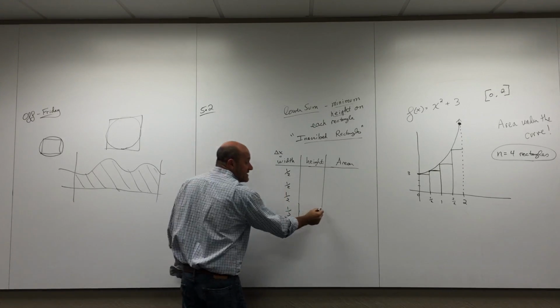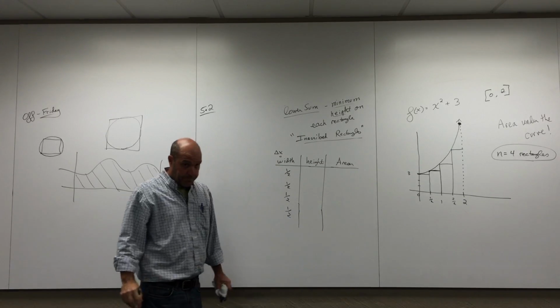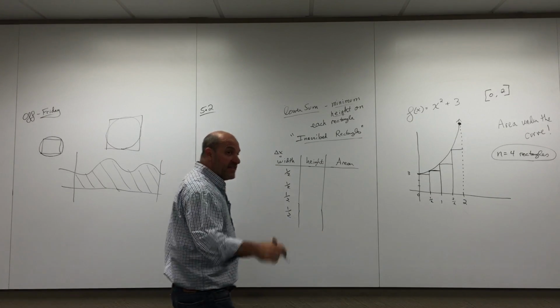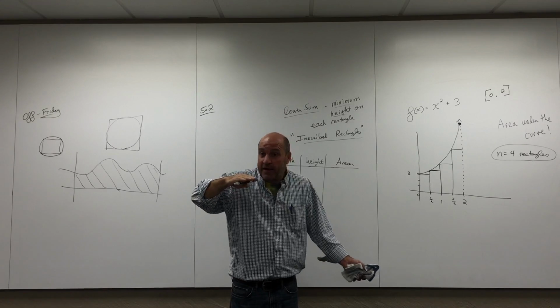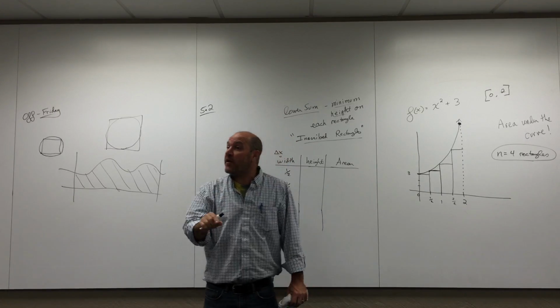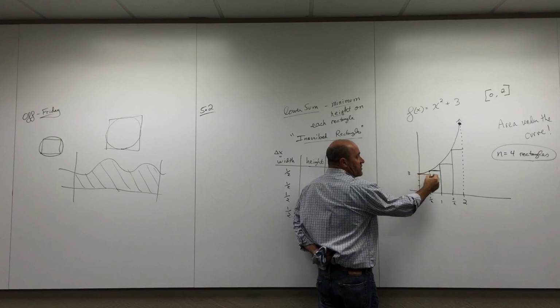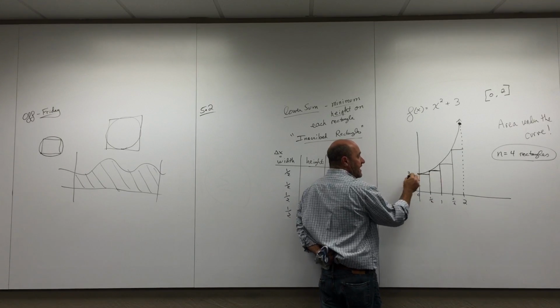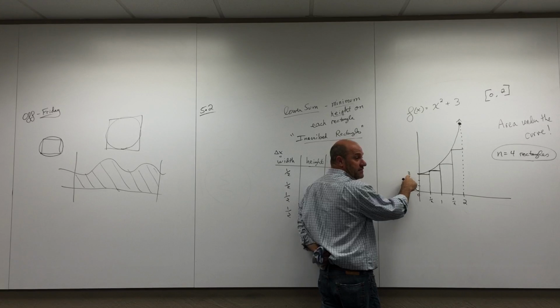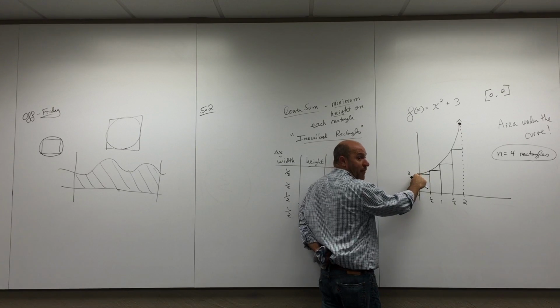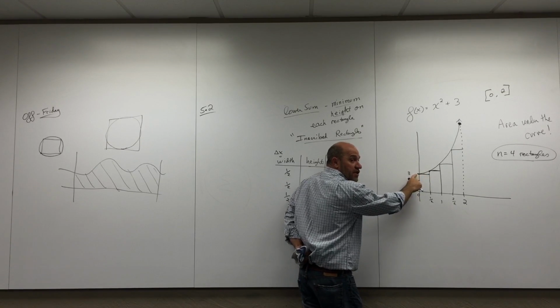Okay, now I need these heights. These heights are changing here. And these heights are y values, right? The height is a y value, and it's where it hits the function, you know? So, like this first rectangle, what's the height? 3. The height is 3. You're totally right. It's that y value, 3. Now, hold on.